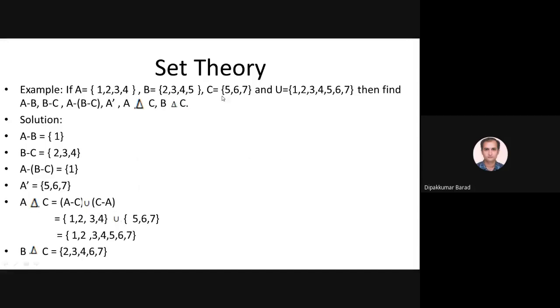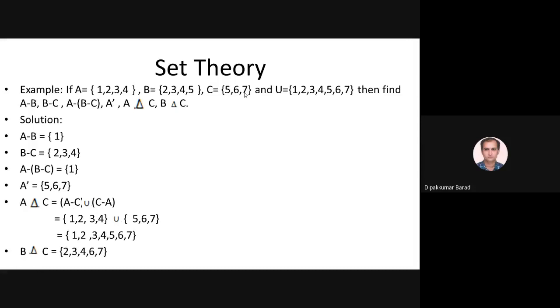Now A, B, C are given. Then find A minus B, B minus C, A minus (B minus C), A delta C, and B delta C, the symmetric differences between A and C and between B and C. A is {1, 2, 3, 4} and C is {5, 6, 7}.